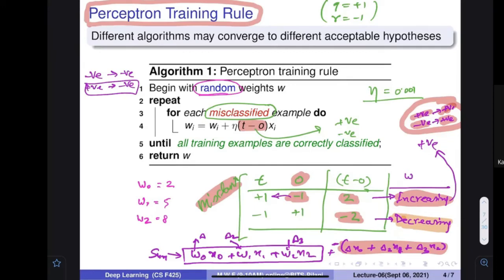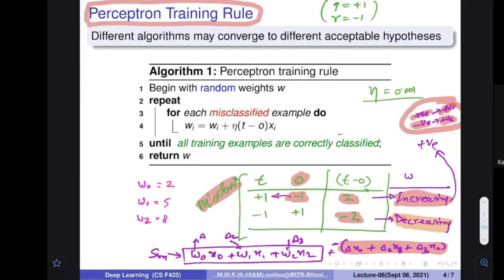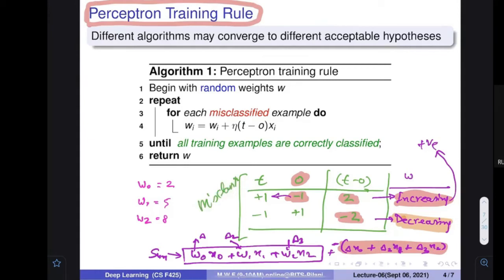So this is the understanding. When the output is negative, then we have to go towards the positive side, right? No. Let me tell you, when the output is negative for the wrongly classified thing. If it is negative for the negative thing, we are not going to change this.